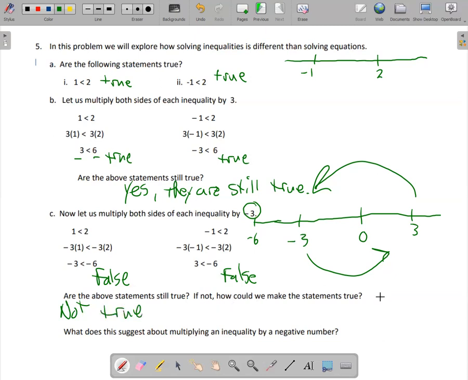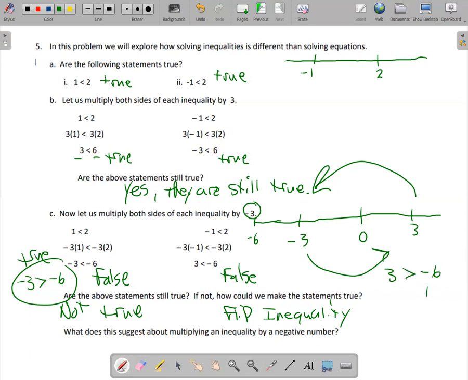If not, how could we make the statements true? We just flip the inequality. Since I want them to stay true, and since I multiplied by a negative, I would have to write -3 is greater than -6 to make it true. To make this one true, I would have to state 3 is greater than -6. So either way, if I want it to be true, I got to flip the inequality. So what does this suggest about multiplying an inequality by a negative number?